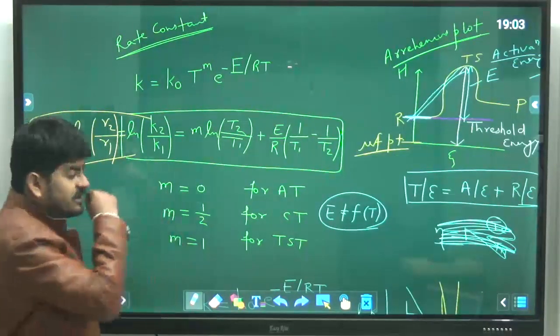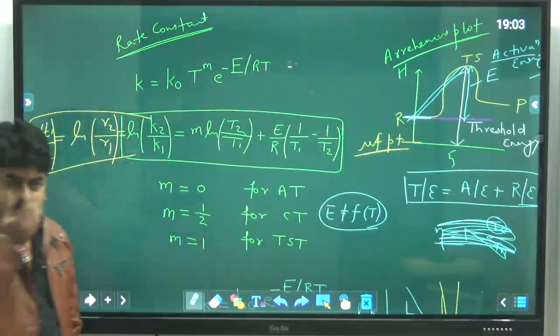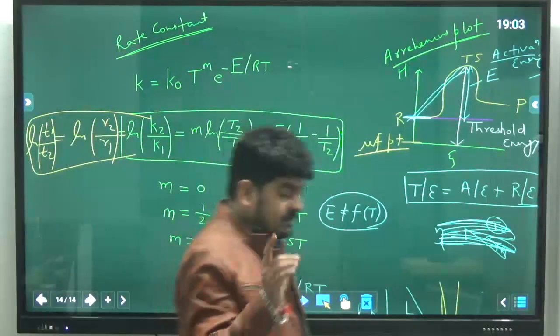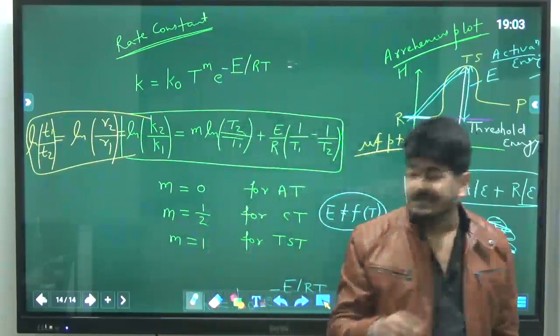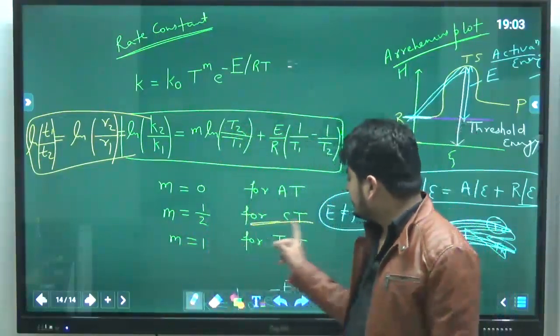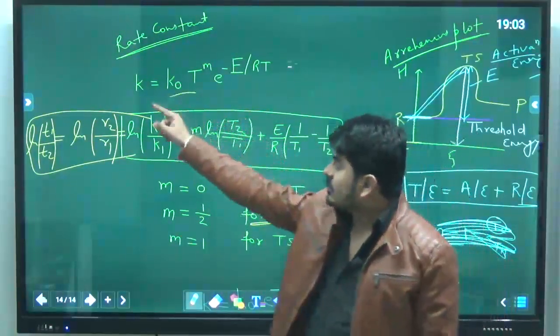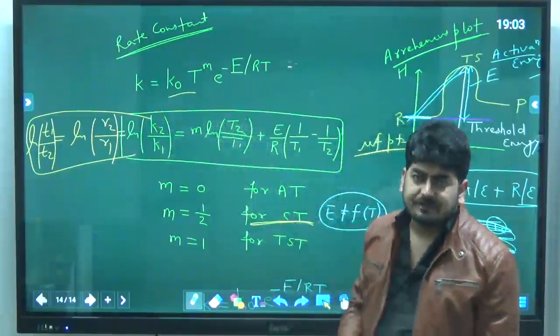And here this K naught is the pre-exponential factor. But remember, when we talk about collision theory, then this K naught is also called the frequency factor.